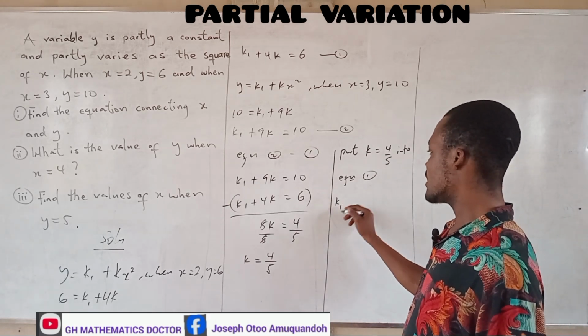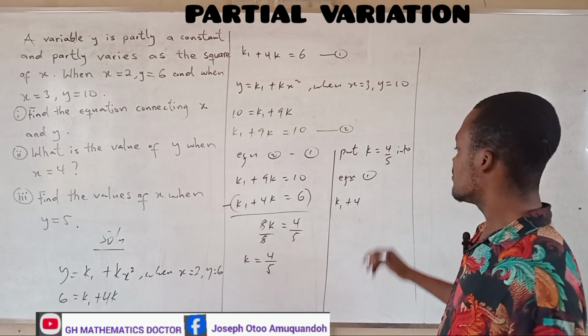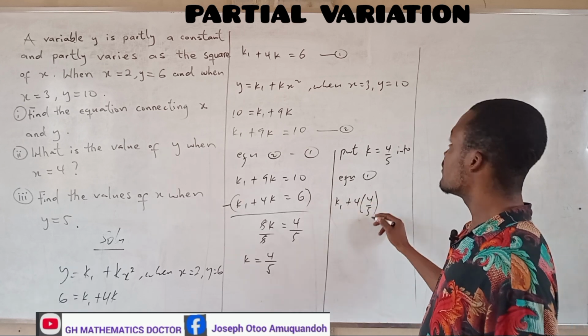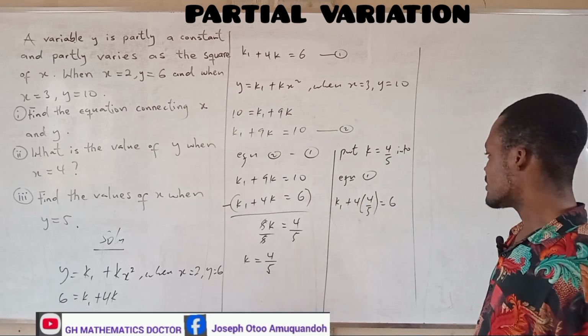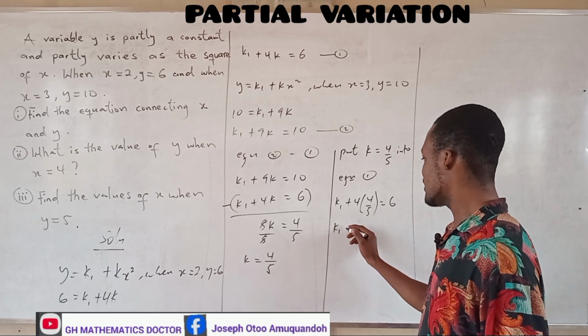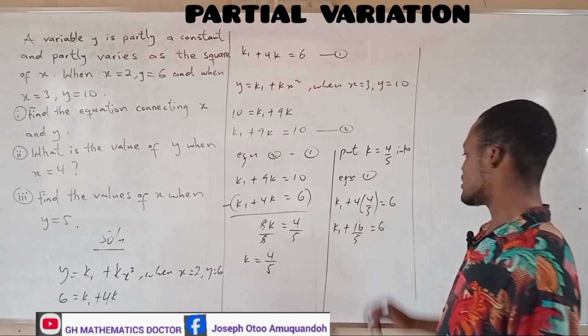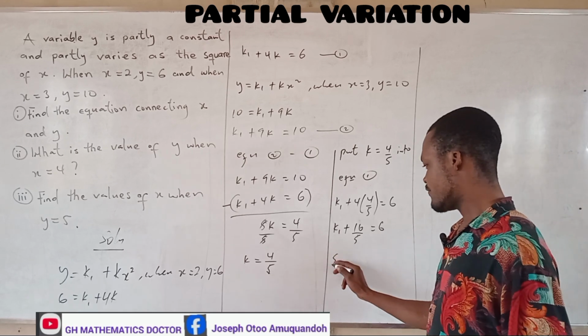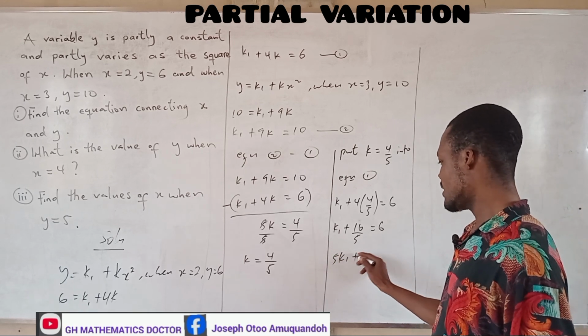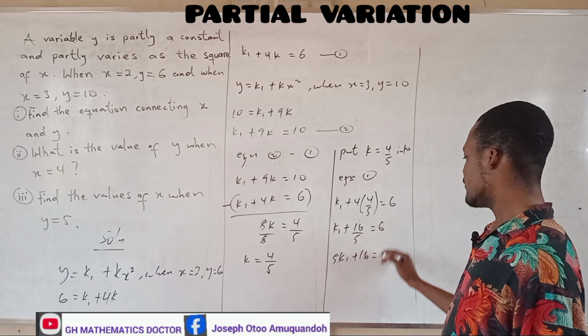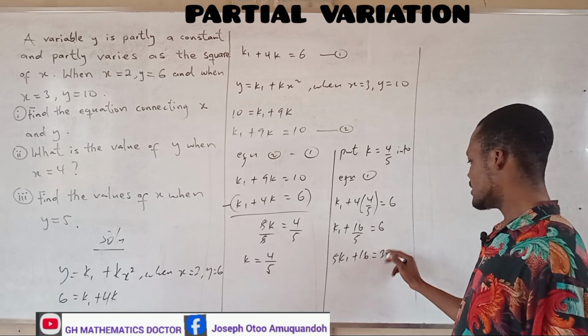So I have k1 plus 4 multiplying 4 over 5 equal to 6. And this one, we have k1 plus 16 over 5 equal to 6. The LCM being 5, we have 5k1 plus 16 equal to 5 multiplying 6, that will give you 30.